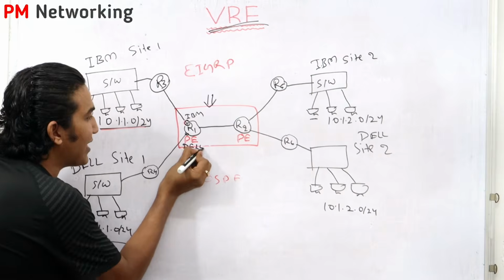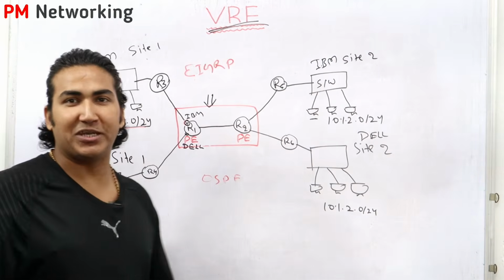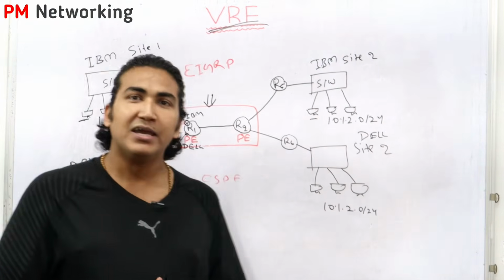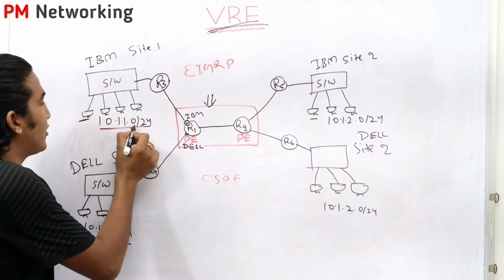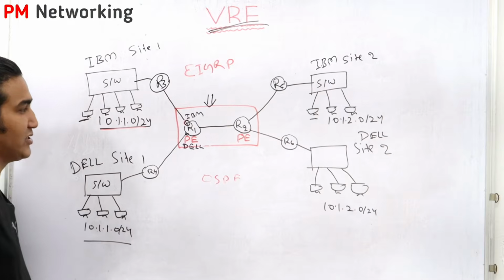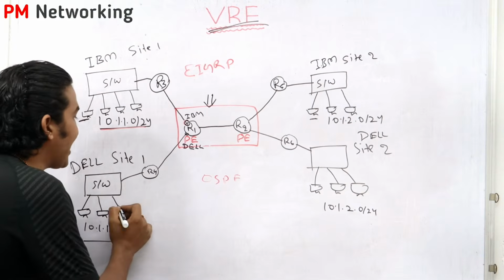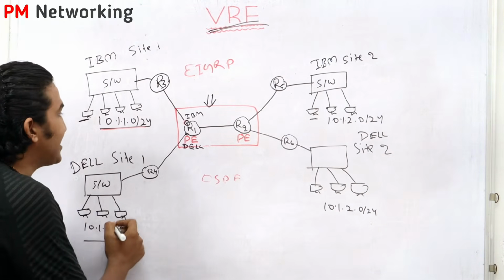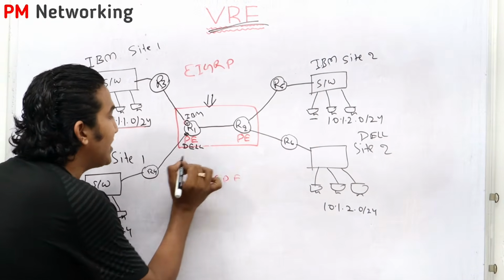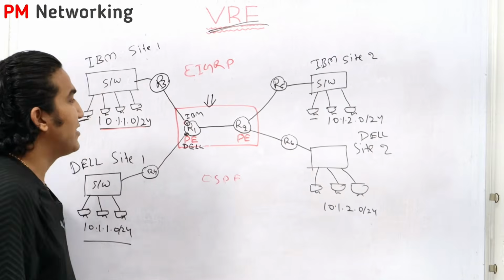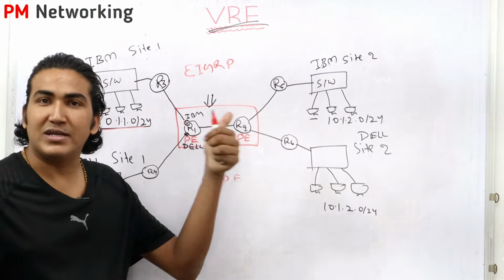So now router 1 is going to maintain two separate routing tables. In both routing tables there will be the prefix 10.1.1.0. Whenever it receives any traffic on this link, this link is a member of which VRF? Dell VRF. So it will forward traffic to the Dell VRF.